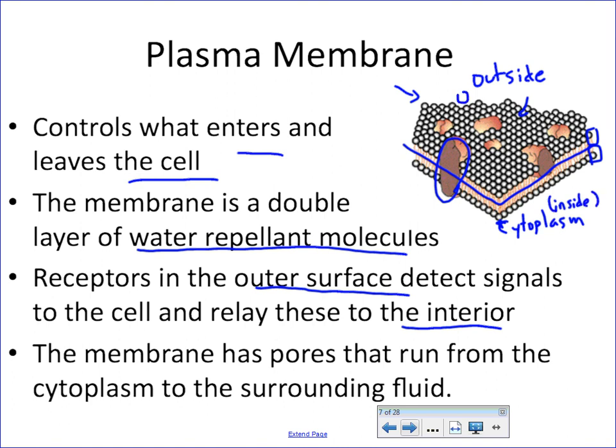Then if there are molecules on the outside which can interact with that receptor protein, then this could relay a signal to the inside of the cell, providing it with information or instructions. The membrane will also have pores that run from the cytoplasm to the surrounding fluid, so from the inside to the outside.